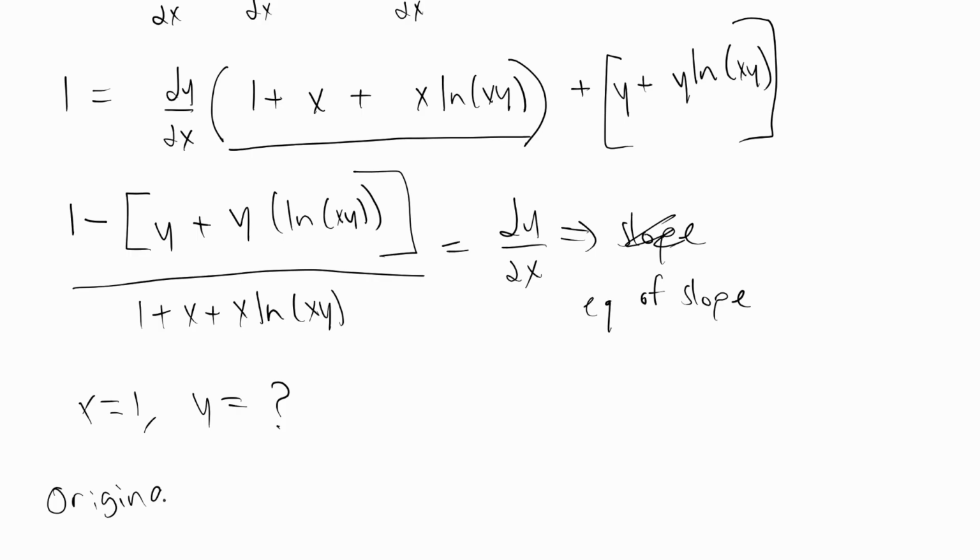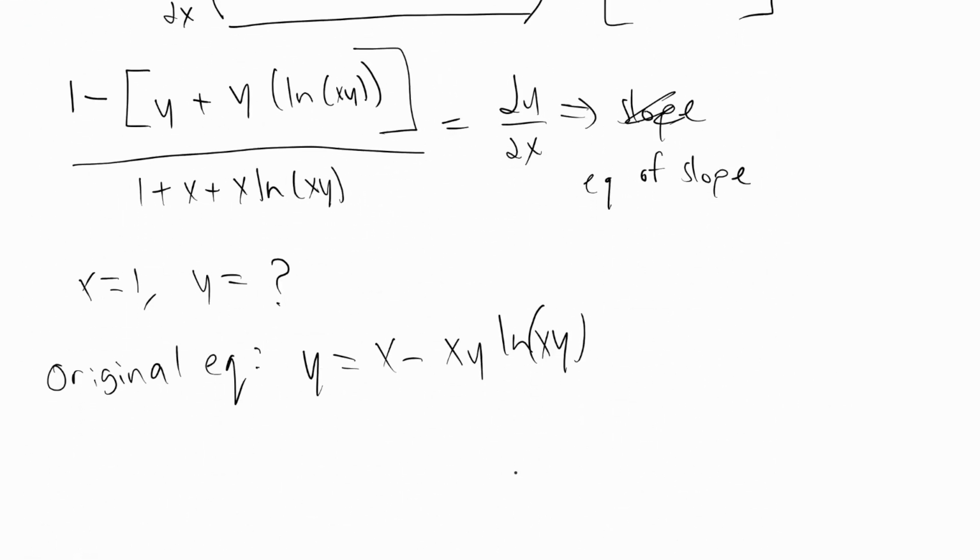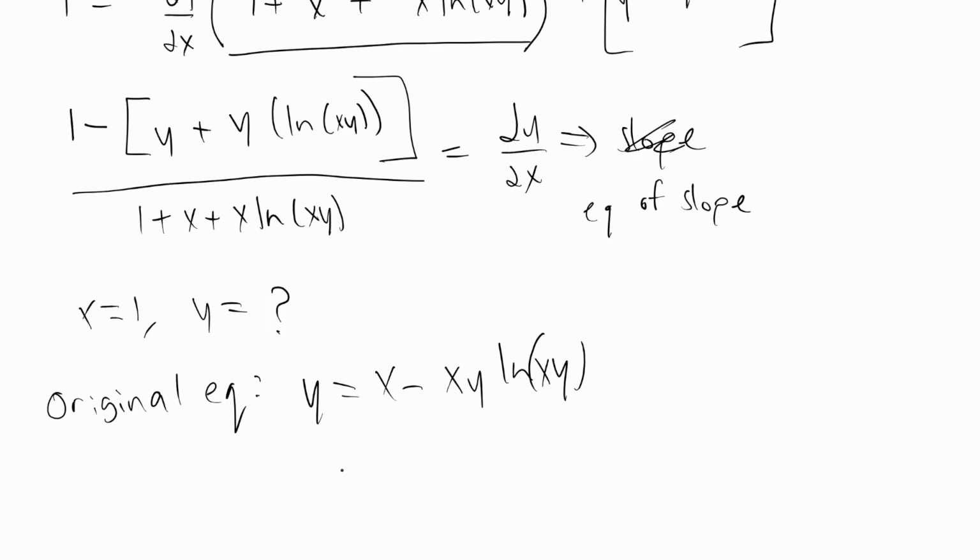Original equation: y is equal to x minus xy ln of xy. That is our original equation, isn't it? Yes. Let's substitute x is equal to 1, so y is equal to 1 minus y ln of y.